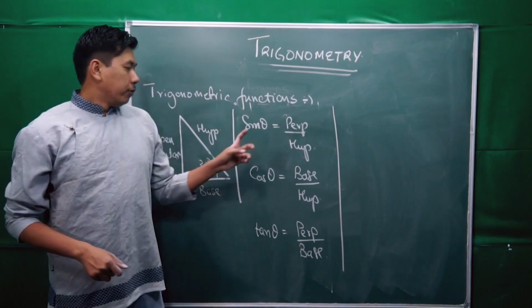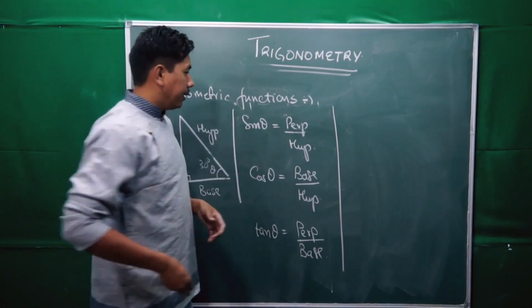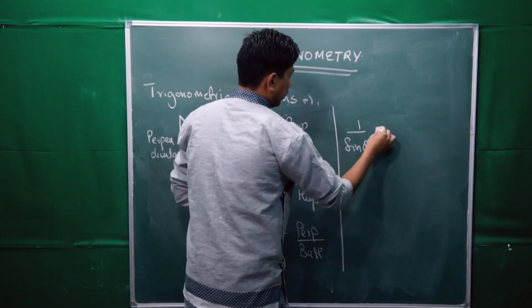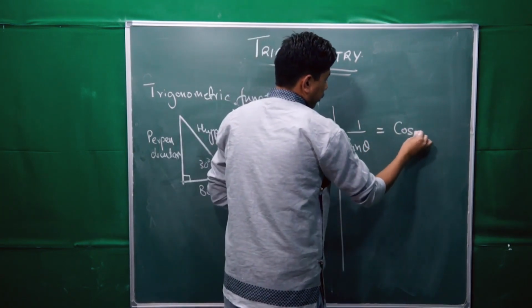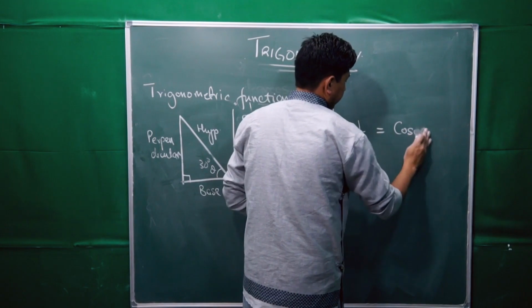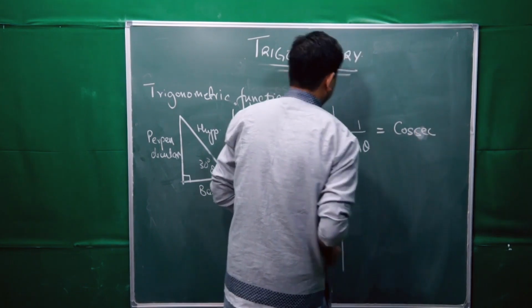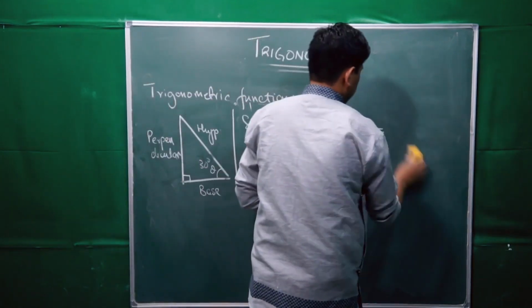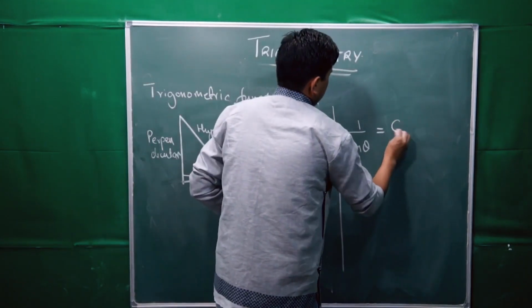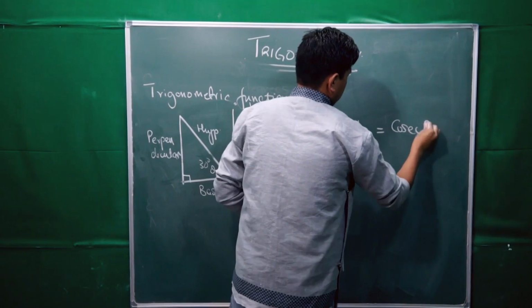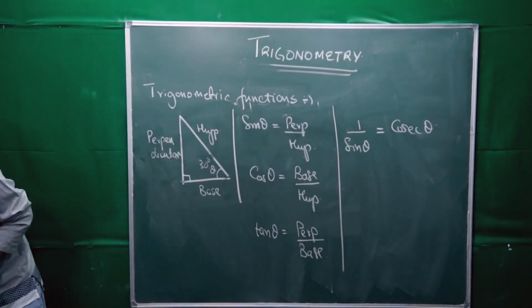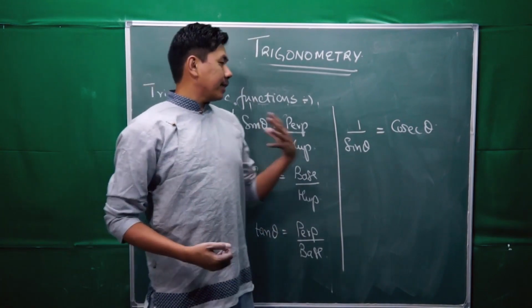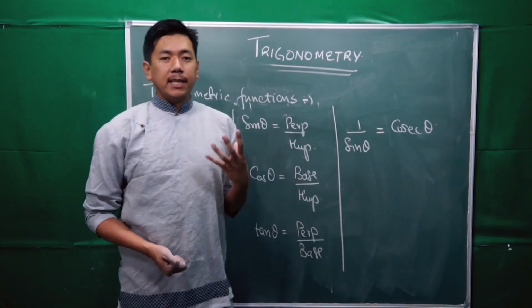For the reciprocal of sine theta, we have 1 upon sine theta equals cosec theta, also known as cosecant.